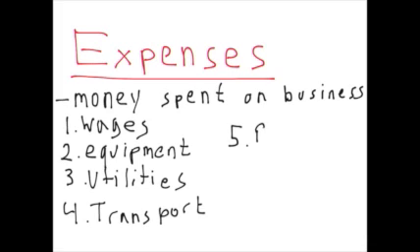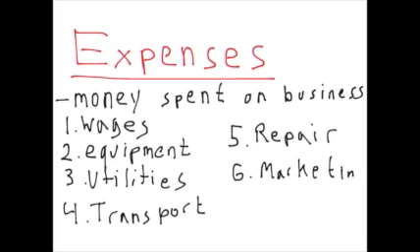It also includes repairs. Repair is money spent to repair the equipment. It also includes marketing. Marketing is money spent to market the business. And lastly, it includes other expenses. All expenses that are not included in the other 6 categories.